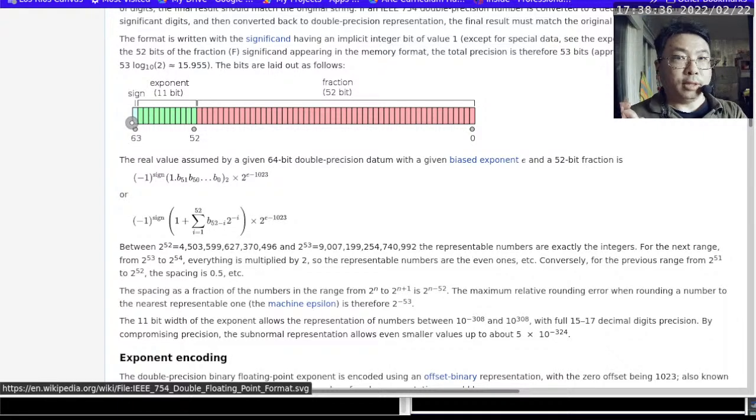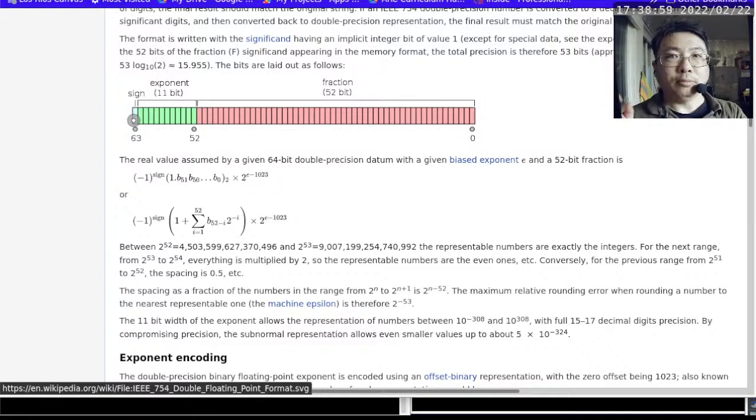Bit 63, which is the most significant bit, is called the sign bit. Now, I understand we talk about the signed integer representation, but in this case, the sign bit is quite simple. All it does is say if the sign bit is a 1, then the value being represented is negative. If the sign bit is a 0, then the quantity being represented is non-negative. That's all it does.